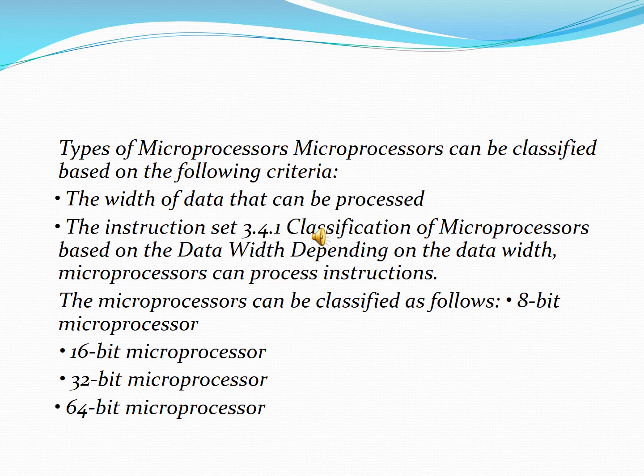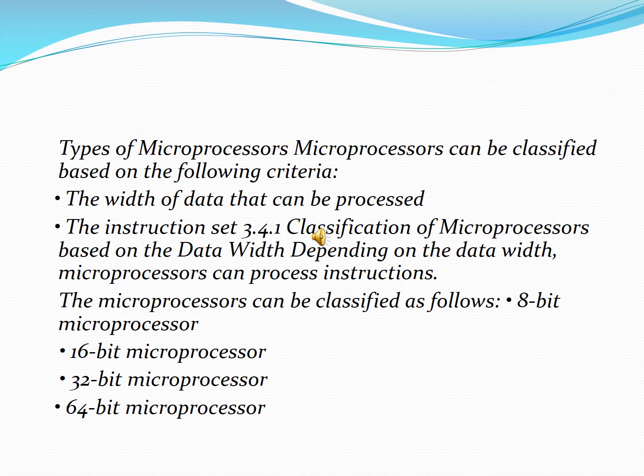Okay, next one is complex instruction set computer. You should mark the line. This is also one word. CISC, the expansion: complex instruction set computer. They support hundreds of instructions.